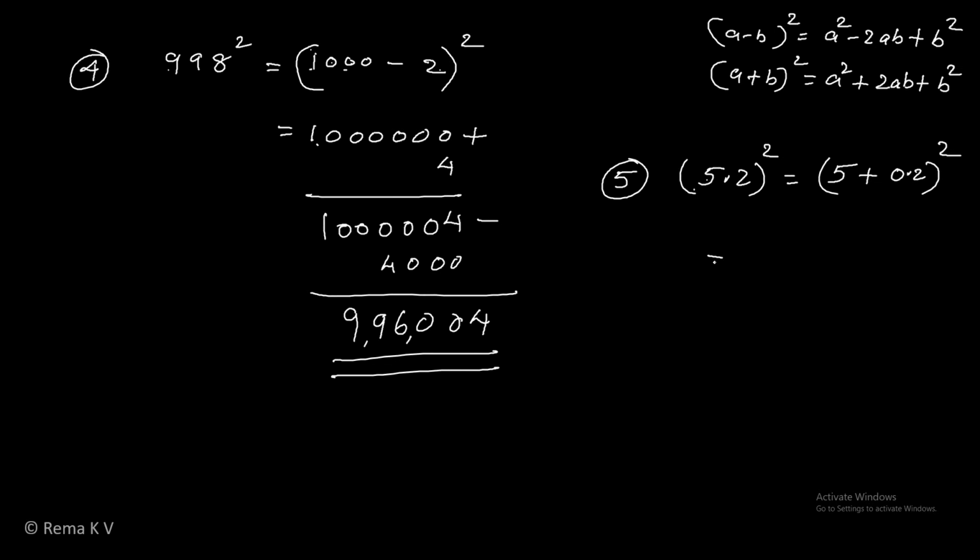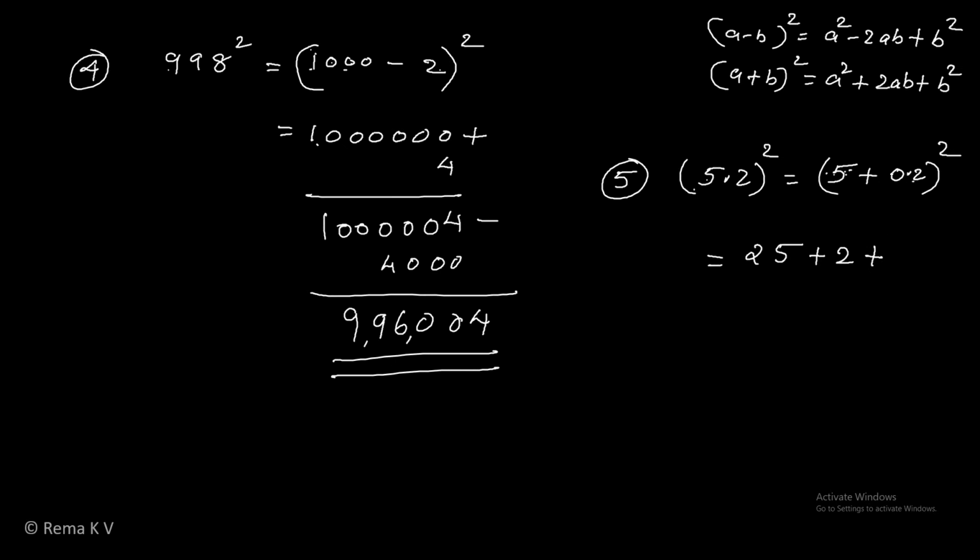So you can write this as A square plus 2AB. 2 into 5, it is 10. 10 into 0.2. Multiplying 0.2 with 10 will get us 2.